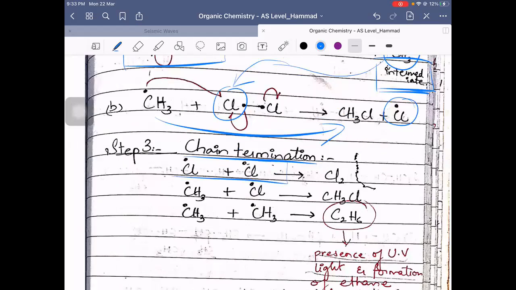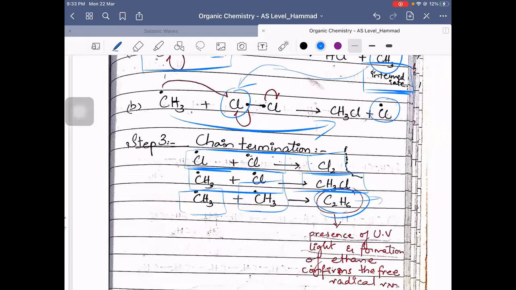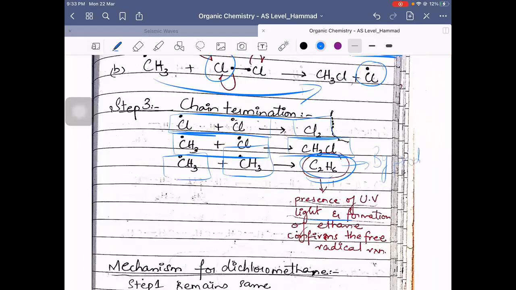Whenever two free radicals meet together, they stop the reaction. C2H6 is a byproduct of the reaction. A byproduct is a product that we had not aimed for, but we get it.